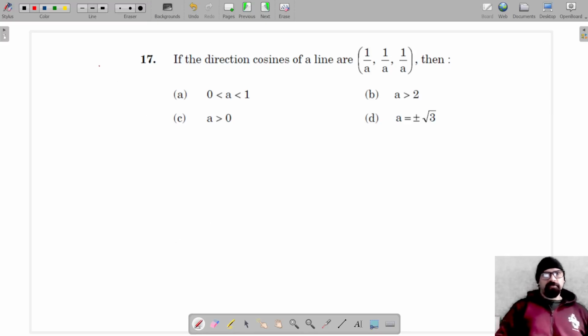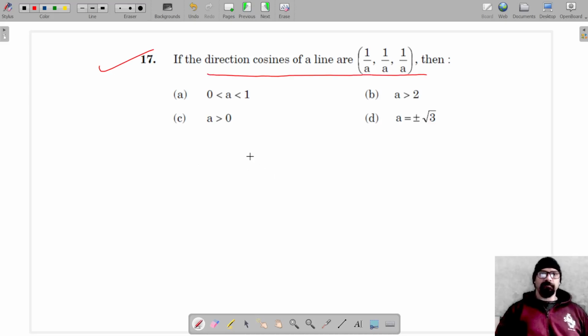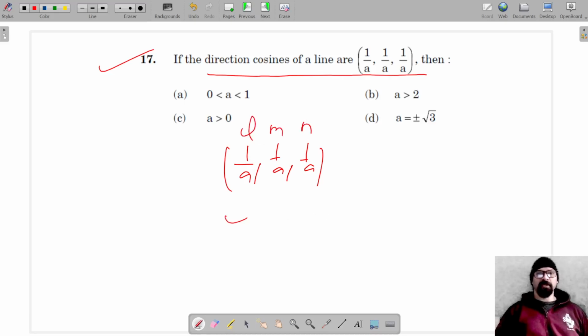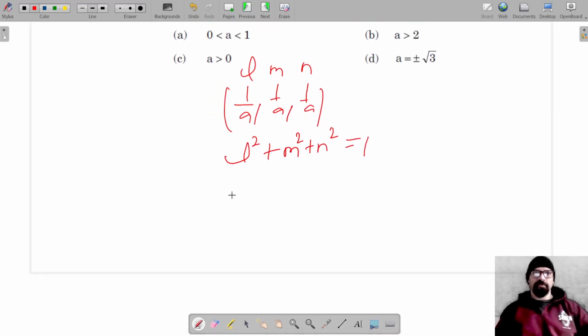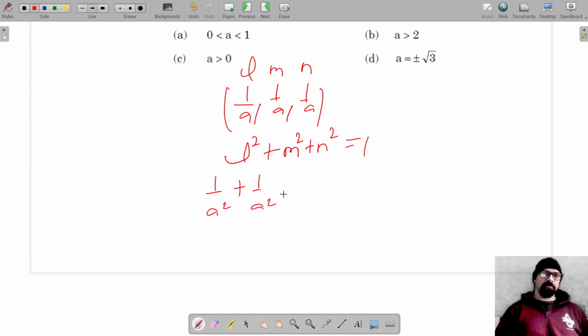Okay, for question number 17, the direction cosines of a line are given. So these are the direction cosines of a line, 1 by A, 1 by A, and 1 by A, and let these direction cosines be l, m, n. And we know that the sum of the squares of the direction cosines is equal to 1, which gives me 1 by A square plus 1 by A square plus 1 by A square is equal to 1.